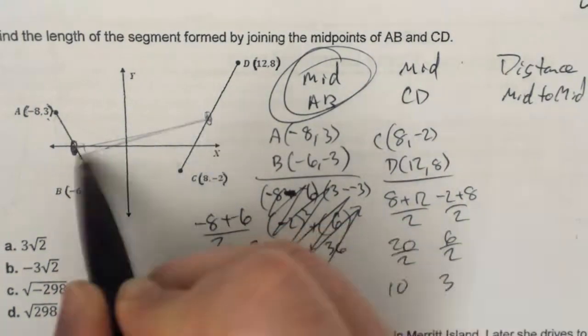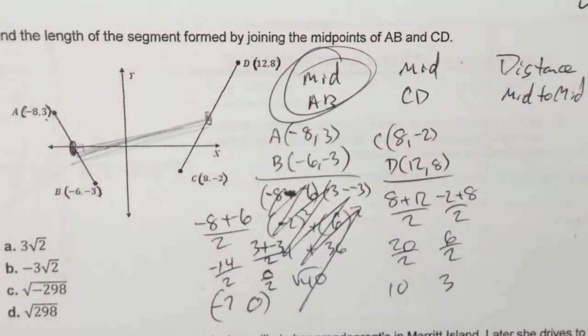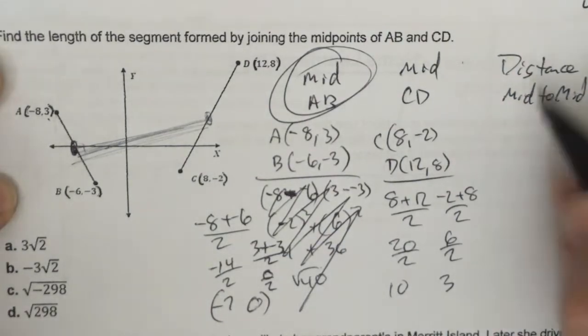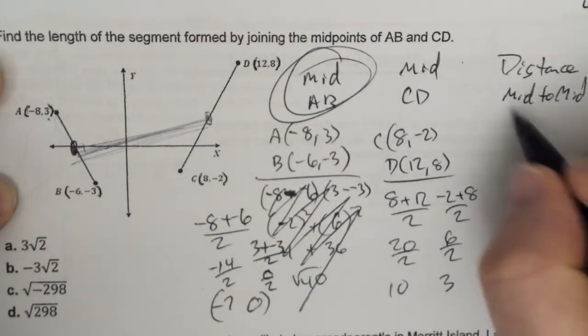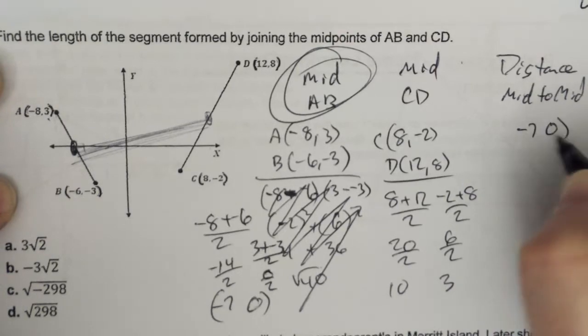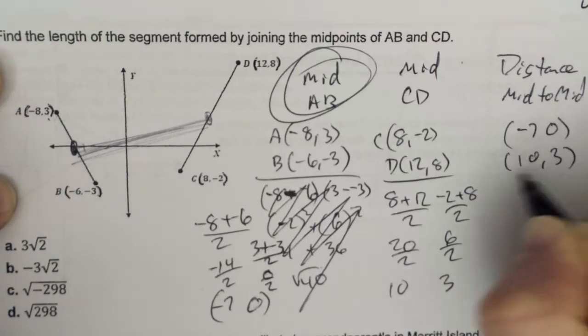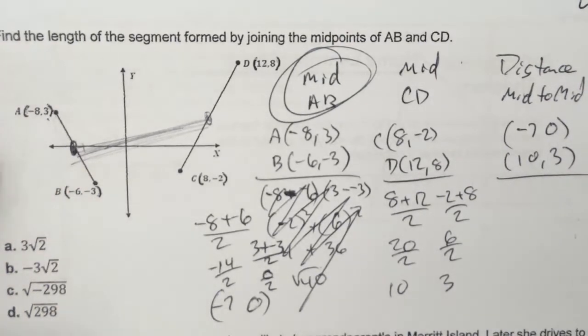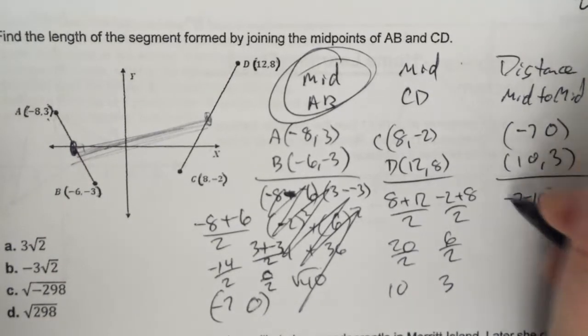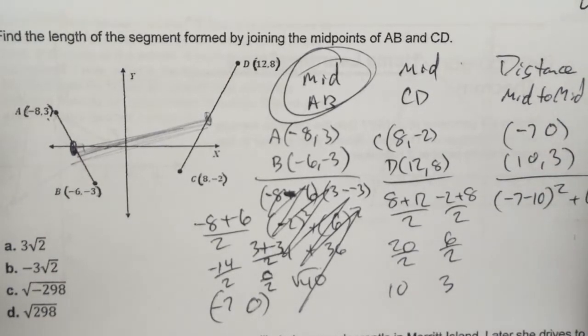And now we want to find the distance between these two, right? That's the whole point. So to find the distance, we have -7, 0 and 10, 3. So this one we subtract. So -7 minus 10 squared plus 0 minus 3 squared.